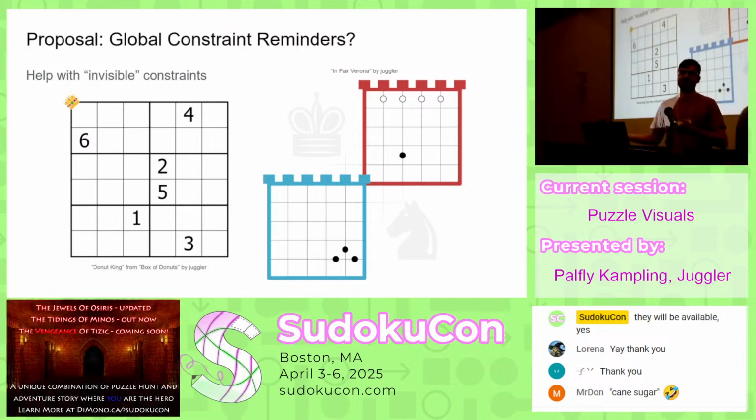Something Ranks mentioned earlier that I think more people should do is adding visual reminders for invisible constraints, so anti-knight, anti-king, negative crop key constraints. Because, show of hands, who has forgotten a global constraint before? There you go.